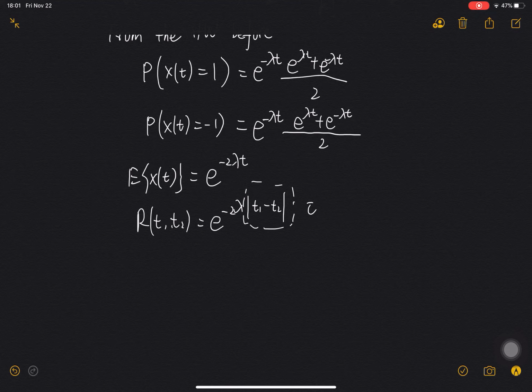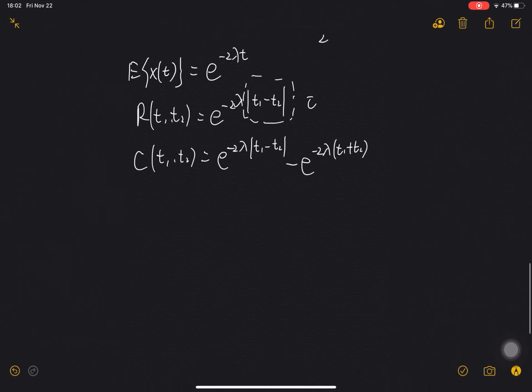Covariance t1, t2 is the correlation minus the expectation, the product of two expectations.